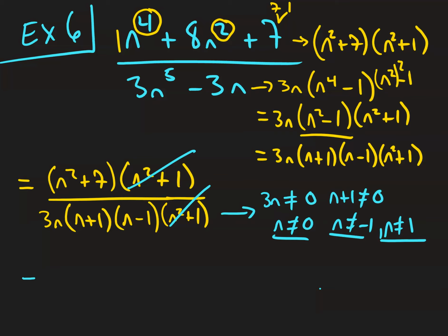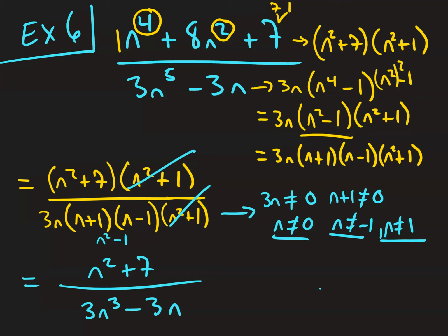And so now I can write my rational expression as n squared plus 7 over, now we need to write this in expanded form, so n plus 1 times n minus 1 gives you n squared minus 1. If I multiply that by 3n, I end up with 3n cubed minus 3n. Of course, where we must say that n cannot equal negative 1, 0, or positive 1.